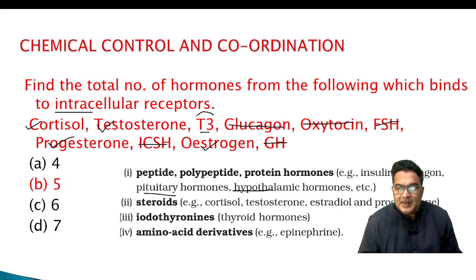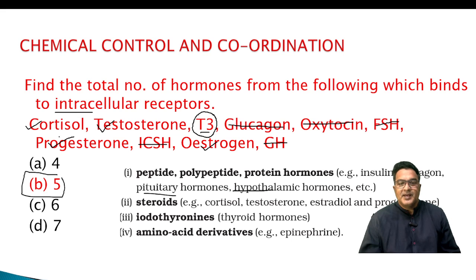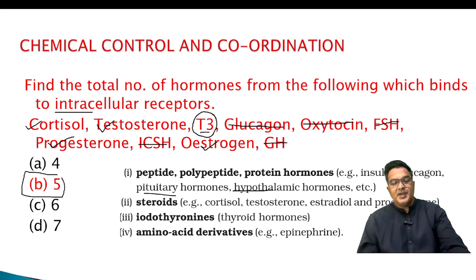So here the added ones are T3, T4. So total number is 5. Cortisol, testosterone, progesterone, estrogen: these four are given directly in the text. You need to understand that iodothyronines also have intracellular receptors.